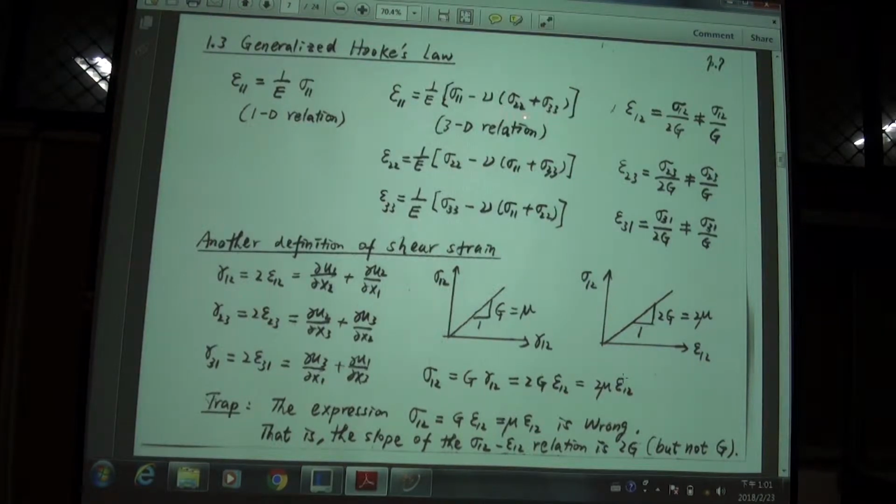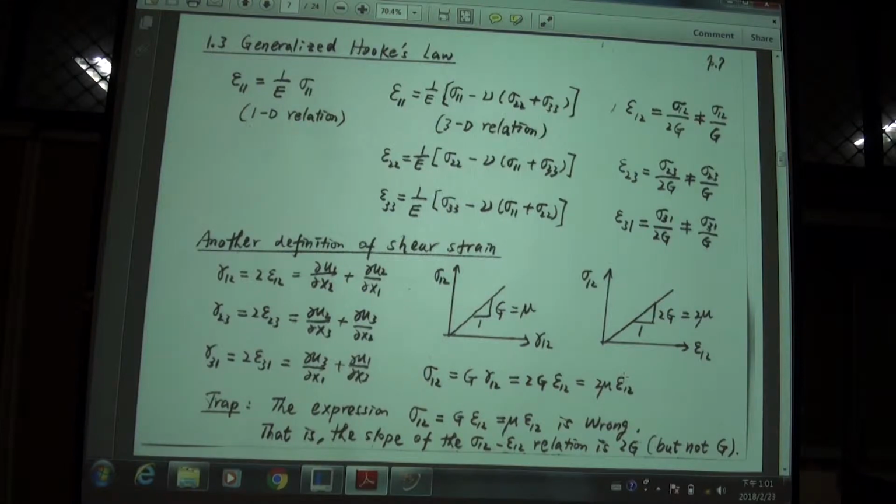On the other hand, if you apply force in the x2 and x3 directions, you will shorten the bar, right? So, due to the Poisson effect, the elongation effect of sigma 1,1 should be reduced by the lateral contraction effect coming from the sigma 2,2 and sigma 3,3 terms.